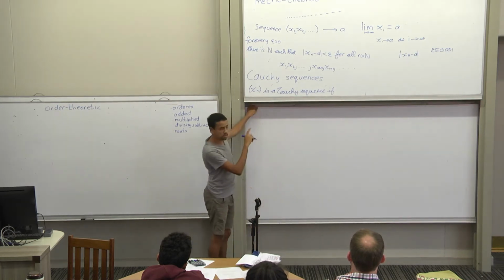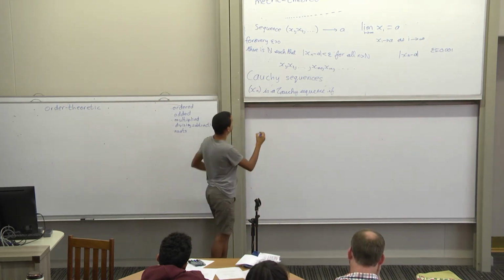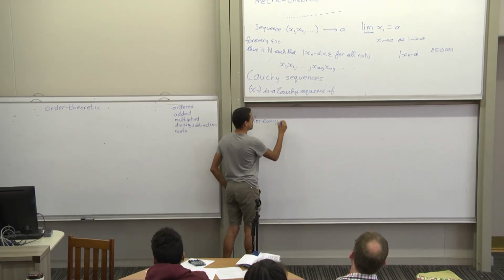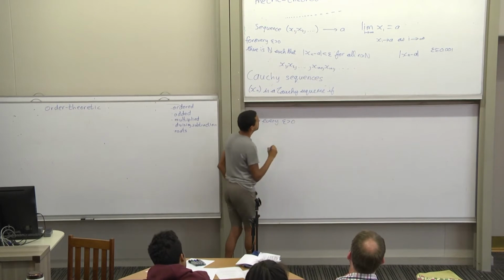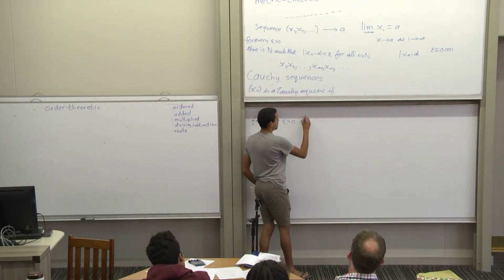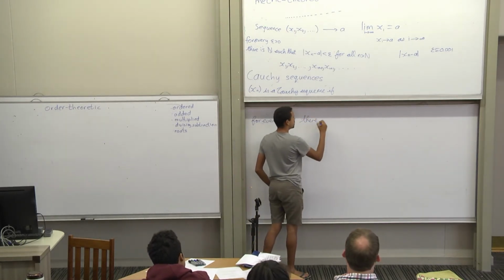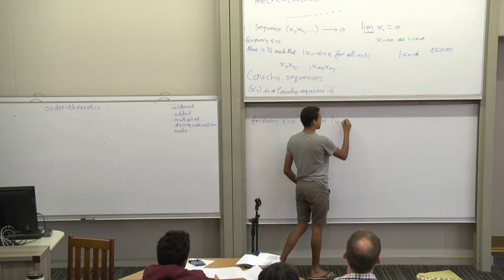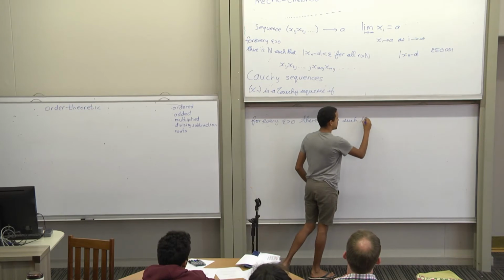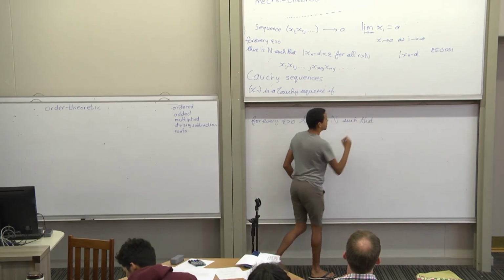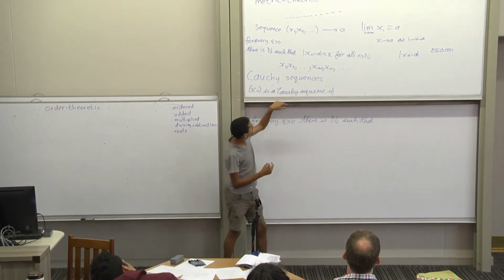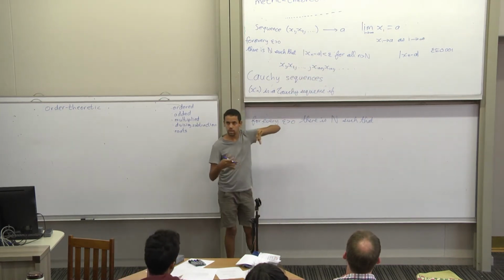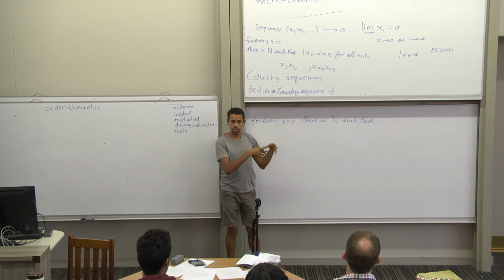It looks sort of similar to the previous definition. For every epsilon greater than 0, there is some big natural number N such that, now previously we would have this thing involving a, and we can't refer to a, we can only refer to elements of the sequence itself.